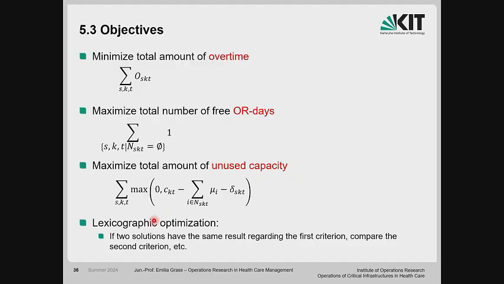What they've done is to use lexicographic optimization, meaning that they want to minimize the first criterion, the amount of overtime, and if the resulting decision variables are the same, so we have multiple solutions for this, then we compare them with the second objective function and then choose the one that maybe maximizes the total number of operating room days, and so on. So this is one way of dealing with multi-objective problems.